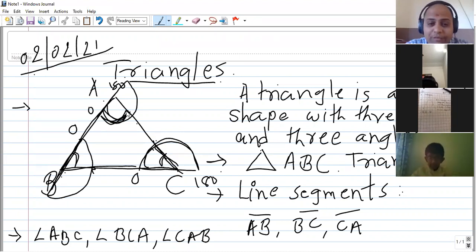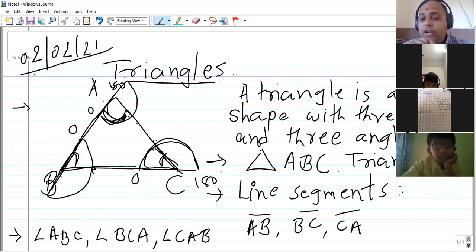Every student, please pay attention. Come on, everyone, I want your elephant ears. Whenever we talk about an angle, we say it properly, because in mathematics it's very important to use the proper terms.